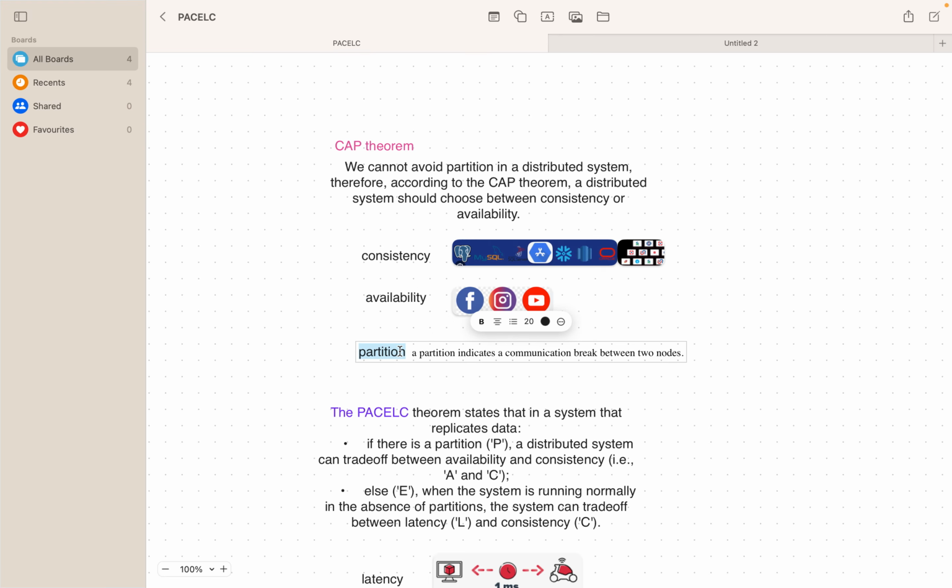And this partition I told you about, here you can see a partition indicates a communication break between two nodes. It's not like the partition of the different topics in Kafka, right? So what does the CAP theorem say?